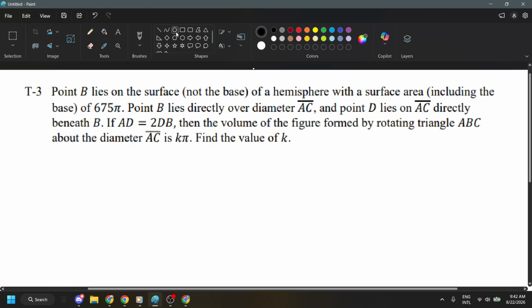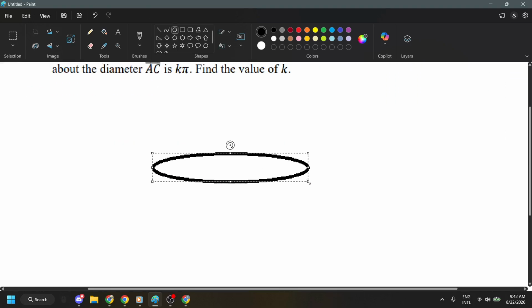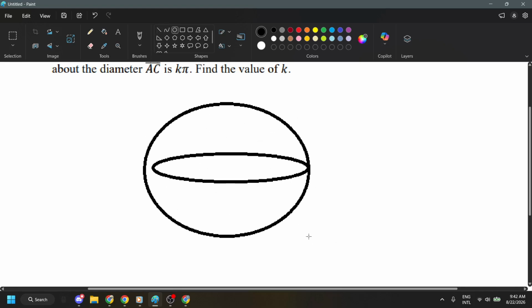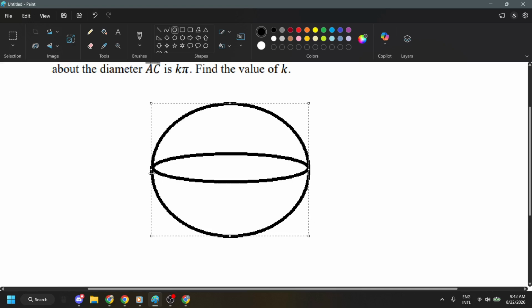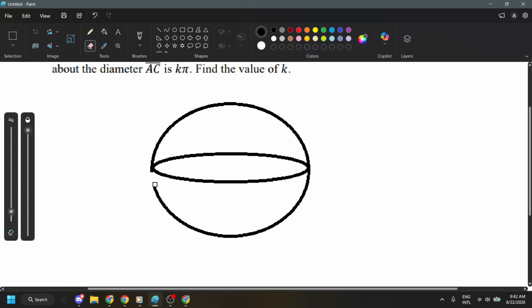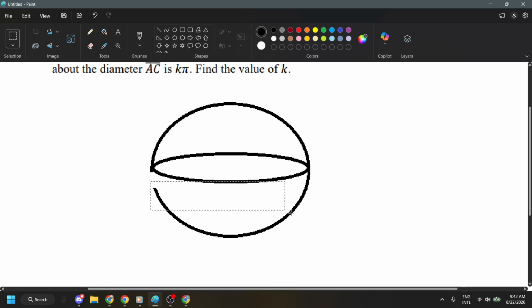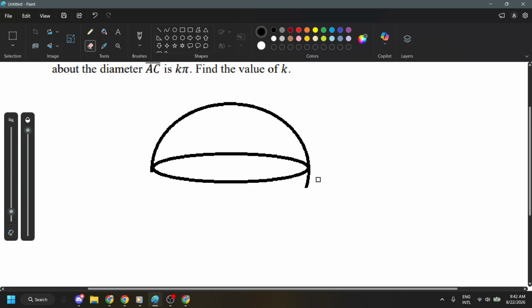Okay, so we have a hemisphere which will look like this, and then just get rid of the bottom part. So hemisphere.